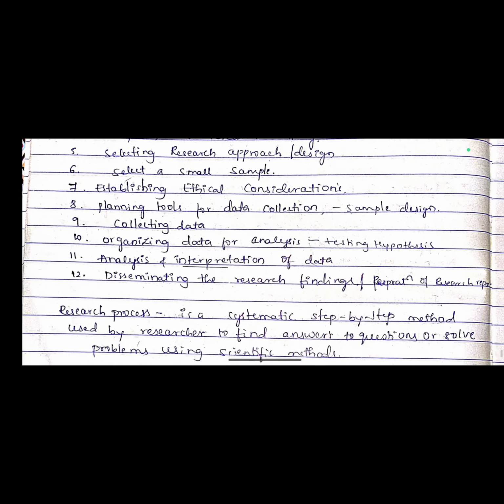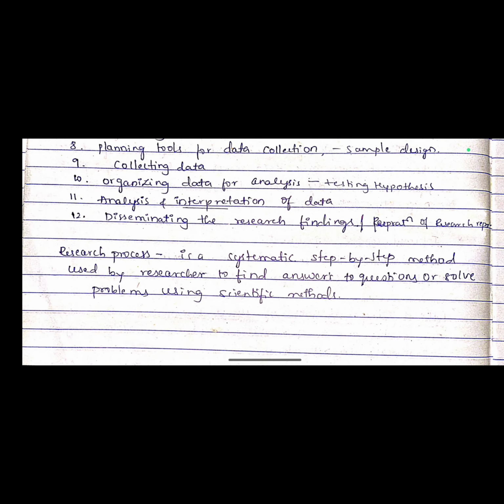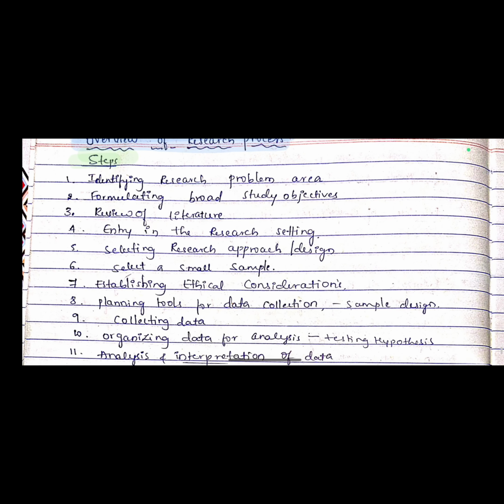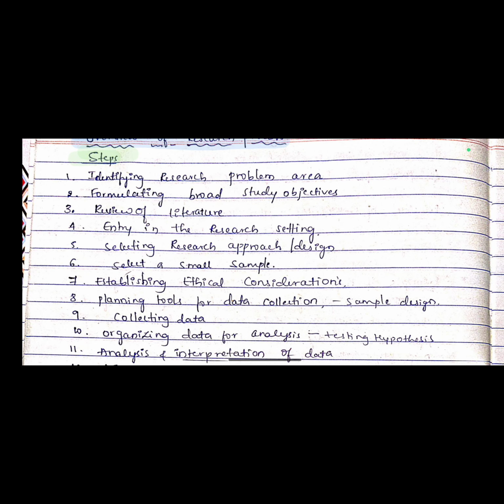Overview of research process. Research process is a systematic step-by-step method used by a researcher to find answers to questions or solve problems using scientific methods. Some steps of the research process are identifying the research problem area, identifying the exact research problem, that is what the problem is where we are going to do our research, and formulating broad study objectives for that.